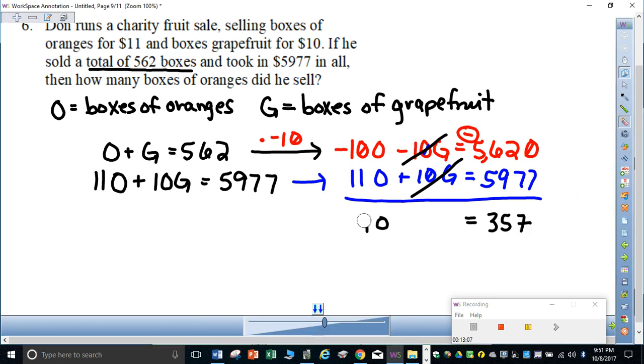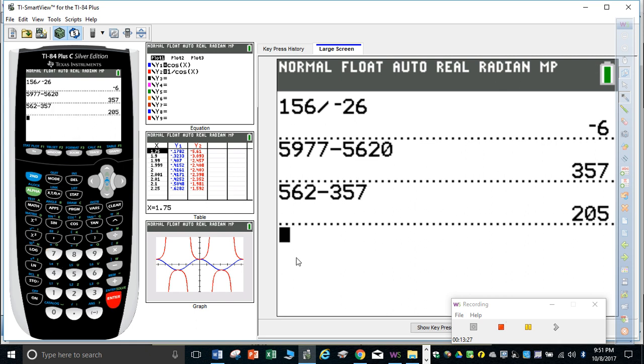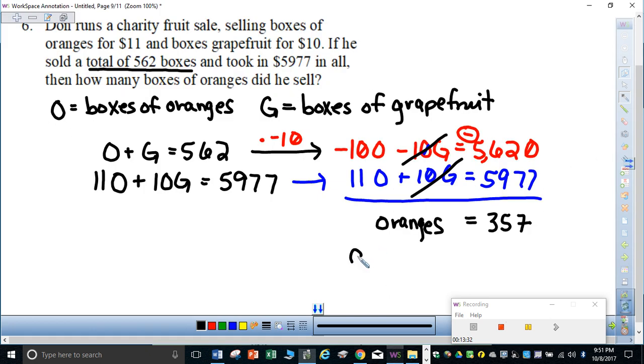Oh, this looks very confusing. I wish that I didn't use O. Maybe we should have used X and Y. But the number of boxes of oranges is equal to 357. Now, if we know that the total has to be 562, I would just subtract 562 minus 357, and we see the number of boxes of grapefruit would have to be 205.